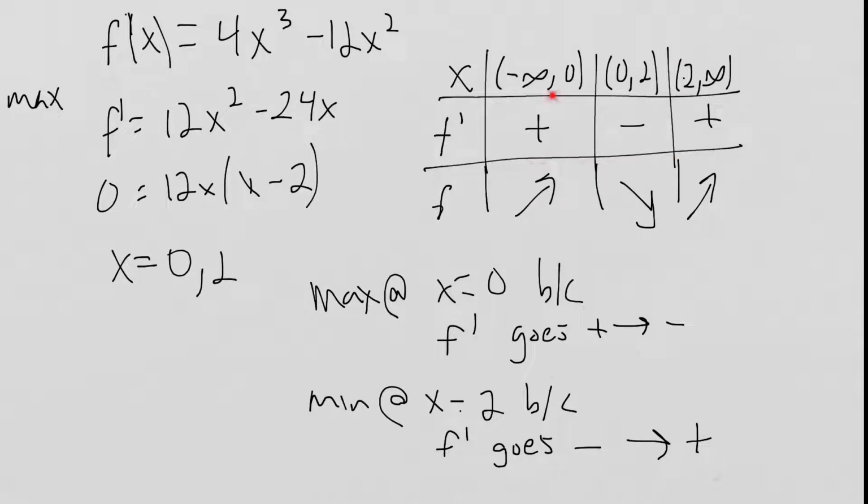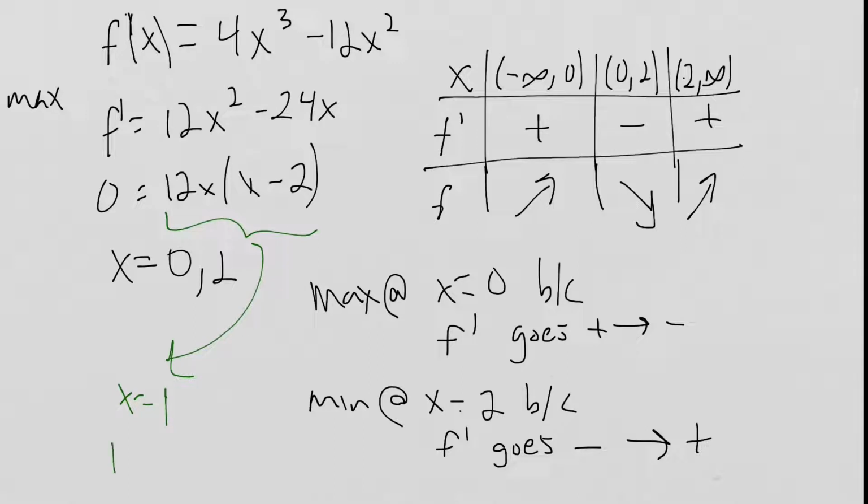Then I test f prime. So for example, let me test this one right here. What would I do? I would plug in x equals, what's the easiest number in between 0 and 2? We're going to go with 1, right?